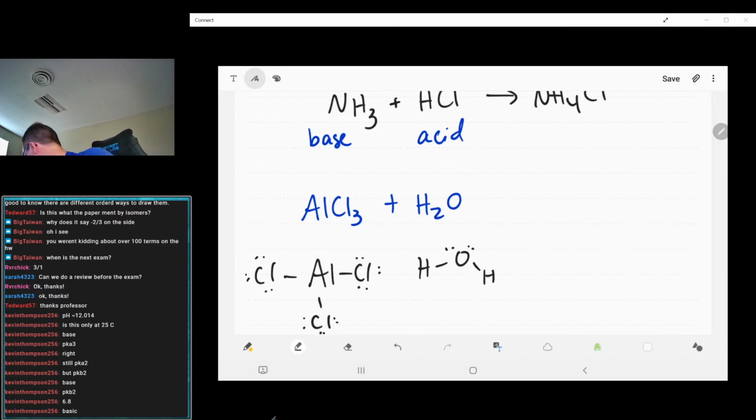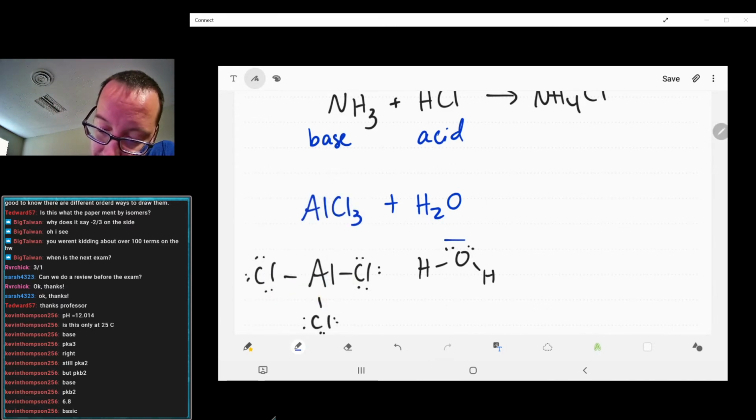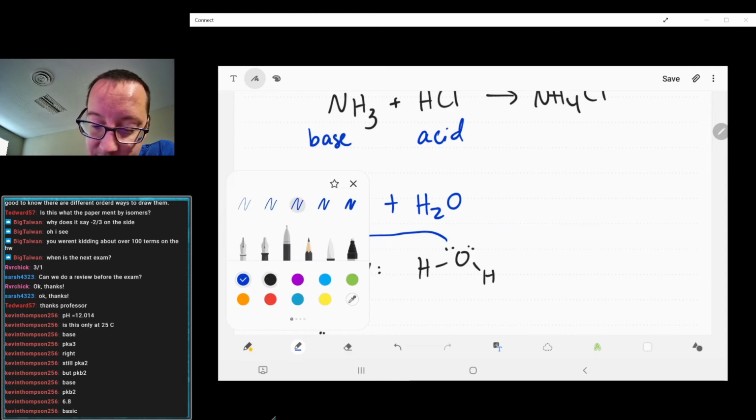Is we can have a lone pair attack this incomplete octet aluminum. As a result, we can make a complex between them.